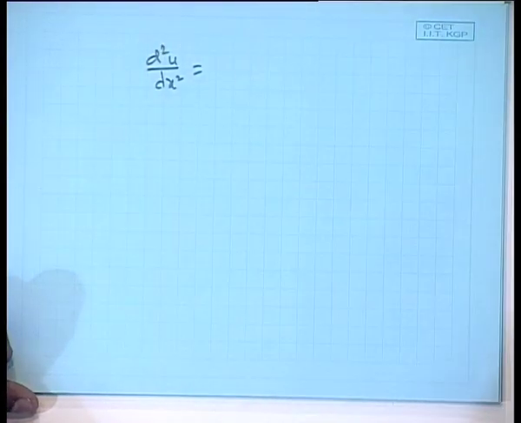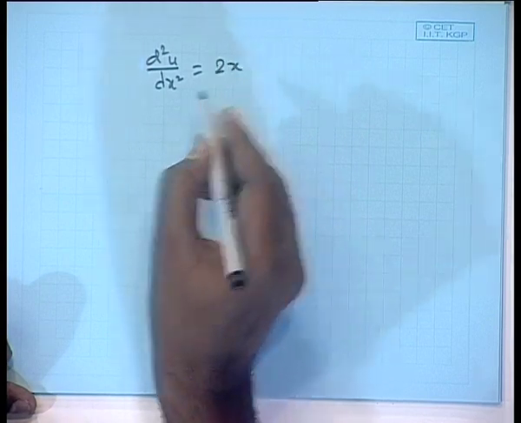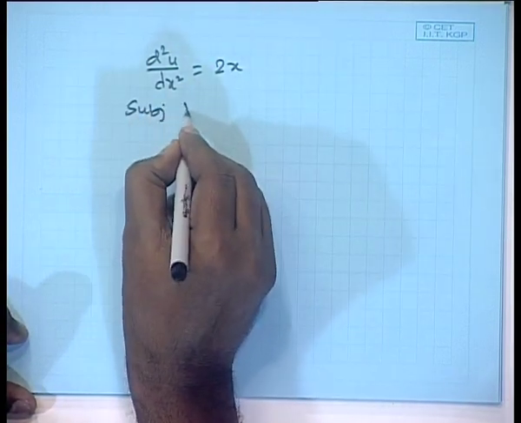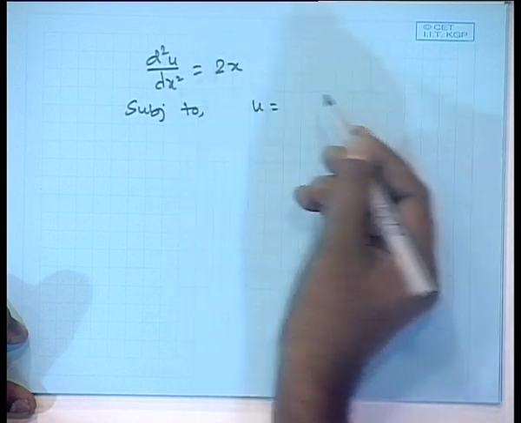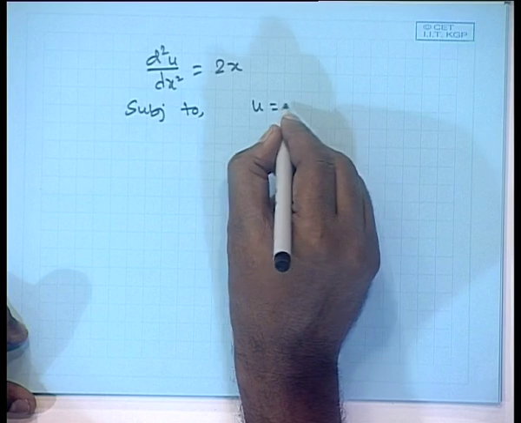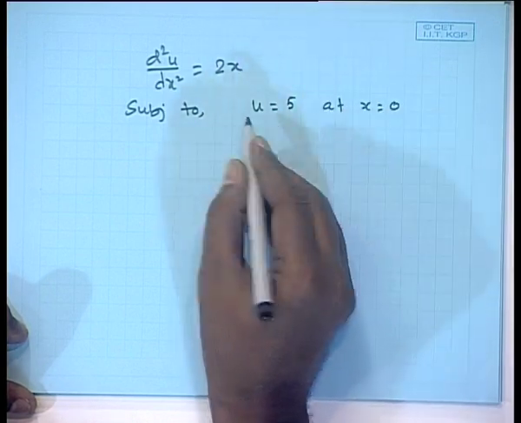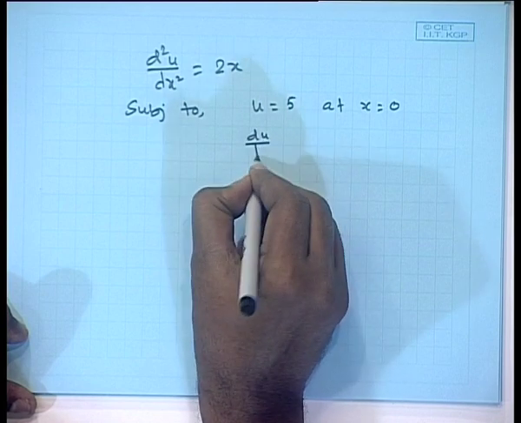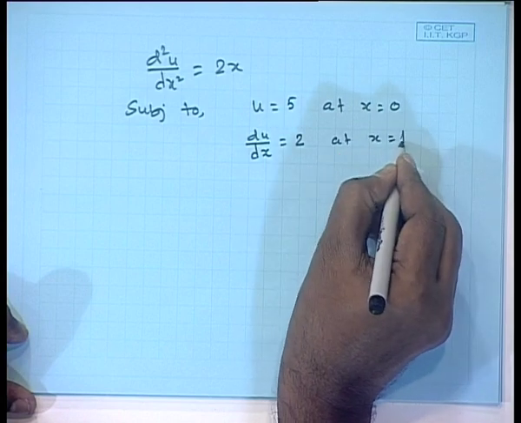Let us say our original problem, the solution we are seeking for, is d square u dx square is equal to 2x, subject to u is equal to, let us say, 5 at x equal to 0 and du dx is equal to 2 at x equal to 1.